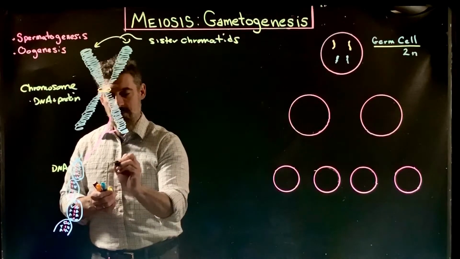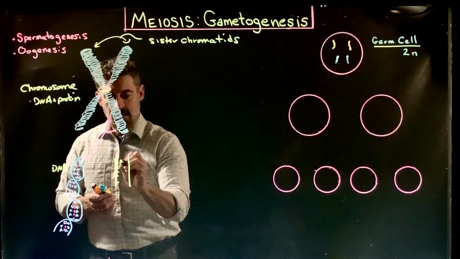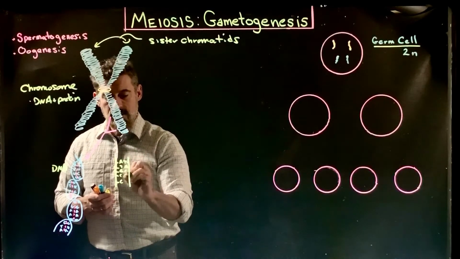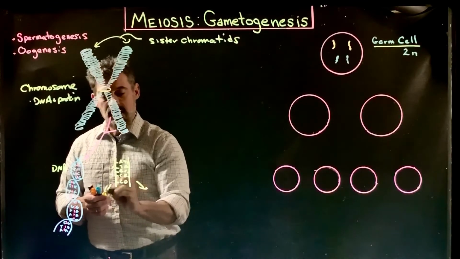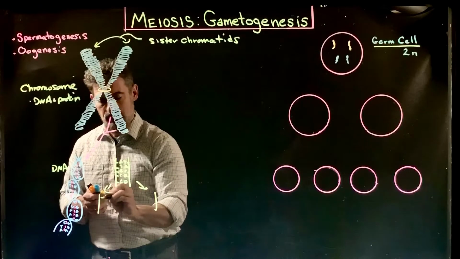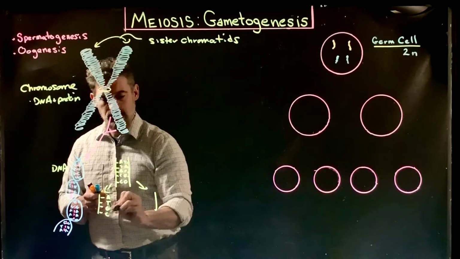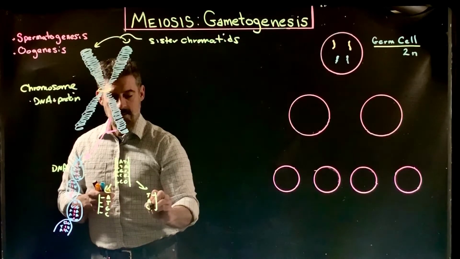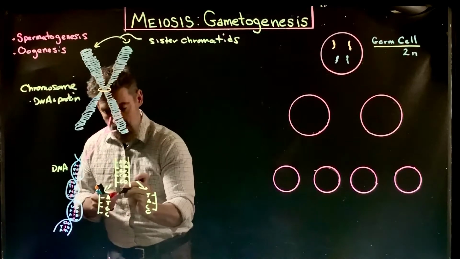We have strands like A, T, G, C, C, T, A, C, G, G, which are two strands of DNA. They serve as templates. I'll make it really simple here: T, A, C, G. And then two new DNAs are created.